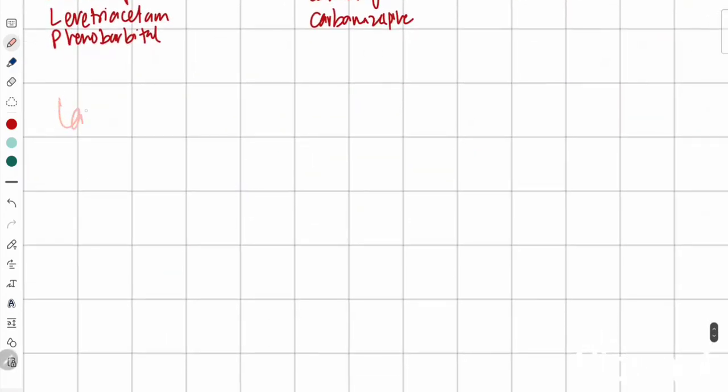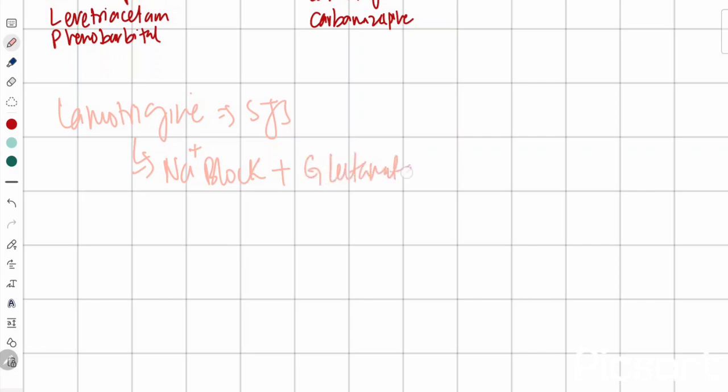Then we have lamotrigine. Lamotrigine causes Stevens-Johnson syndrome. And it has two functions: sodium channel block, plus it also inhibits the release of glutamate. Then we have levetiracetam.